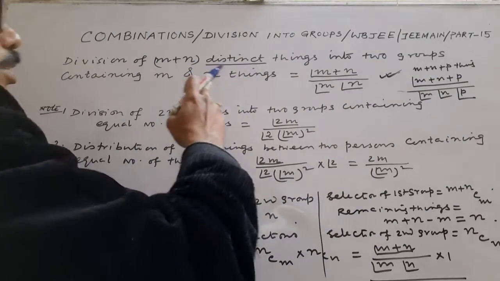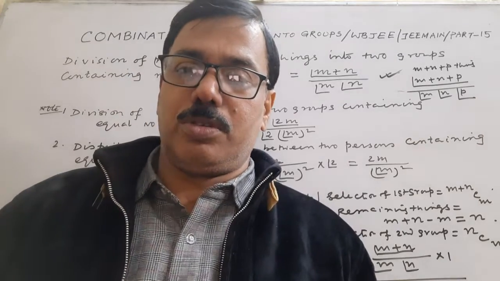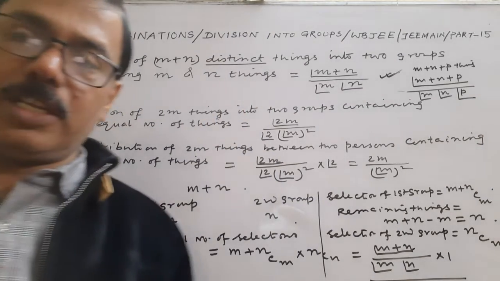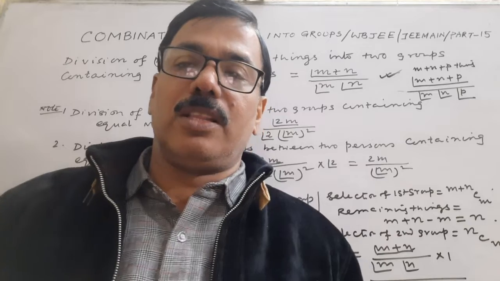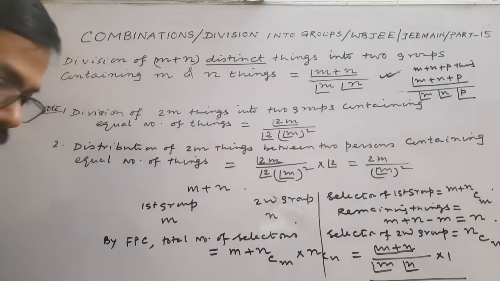So if the number of elements in each group is unequal, then the formula is very simple: total number of things factorial by factorial of number of elements in each group.